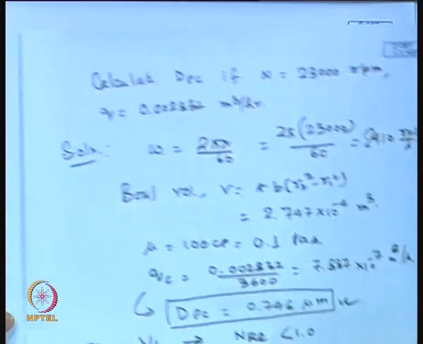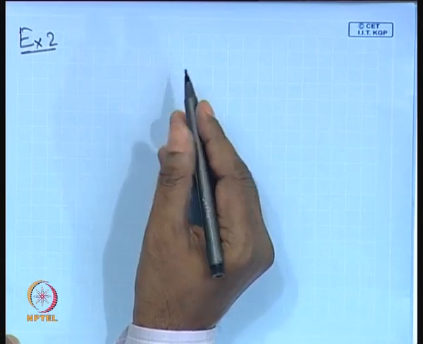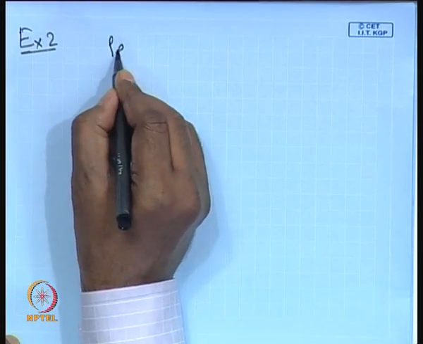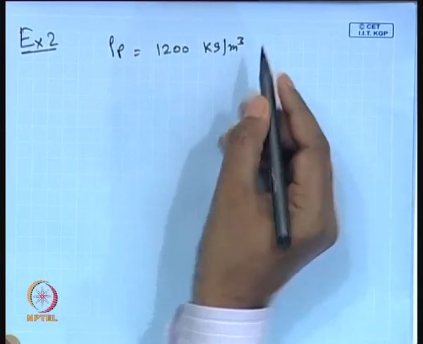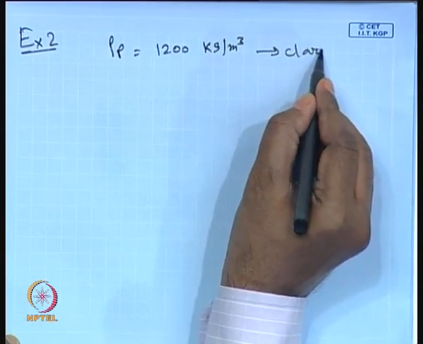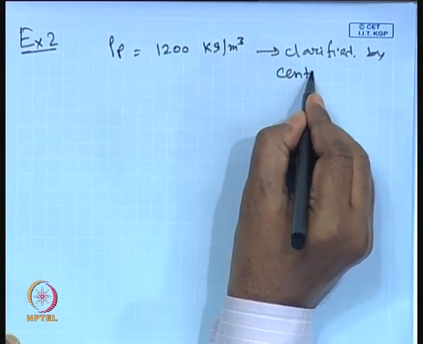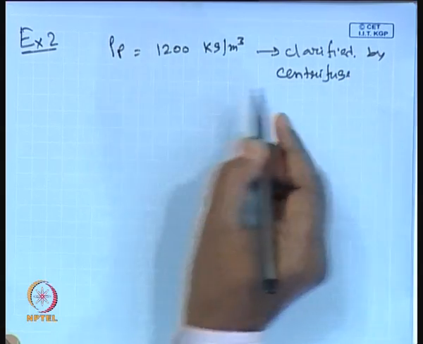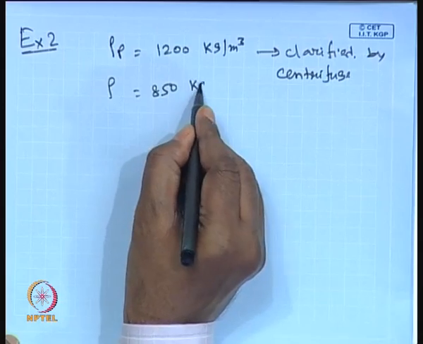Let us move on to the next example. Example number 2. Again, I am talking about a viscous solution. It contains particles of density 1200 kg per meter cube, and it has to be clarified by the centrifuge. The solution density is given as 850 kg per meter cube.